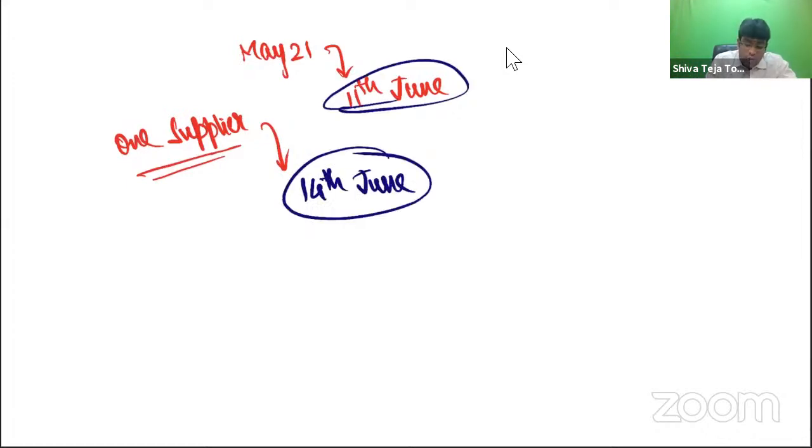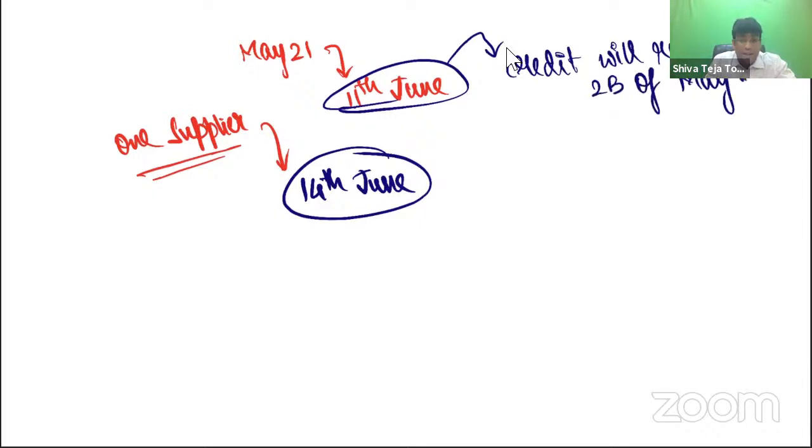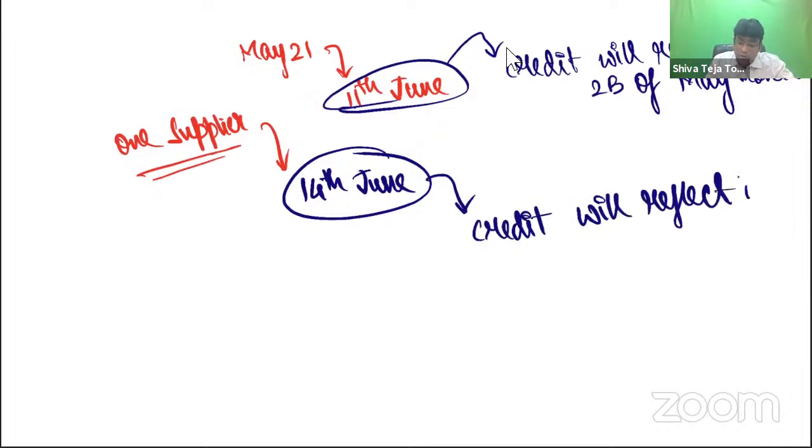Whatever is filed by 11th June will reflect in the 2B of May month only. Don't worry, in the 2B of May month you can see this credit. But whatever is filed on 14th June, that credit will reflect in the 2B of June month. It is not that the credit is gone.